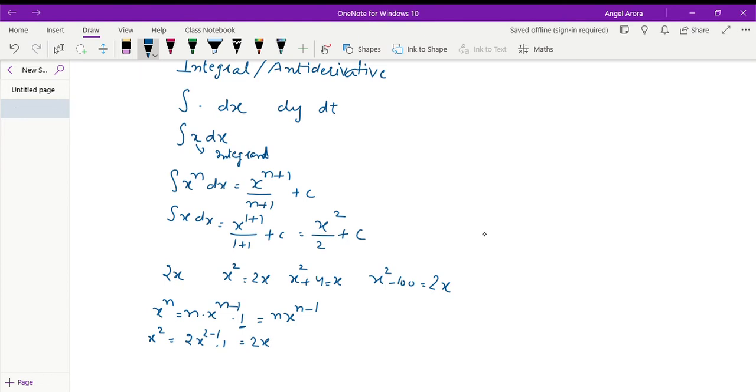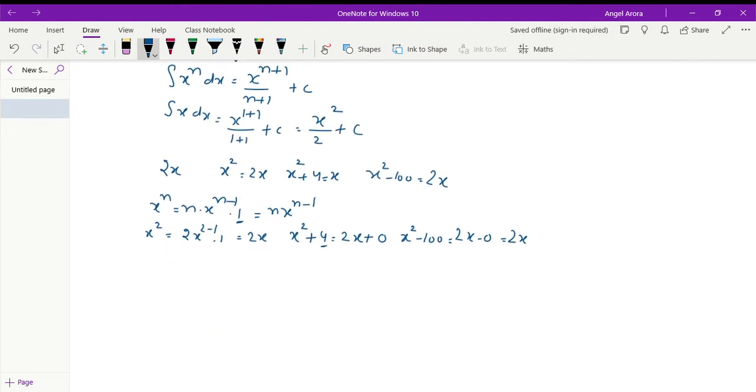If we calculate the derivative of x square plus 4, it will be 2x, which is the derivative of x square, plus 0. We know 4 is a constant here, and the derivative of a constant is always 0. Similarly, the derivative of x square minus 100 will be 2x minus 0, which is also 2x.